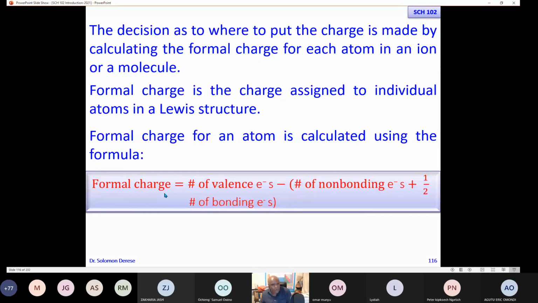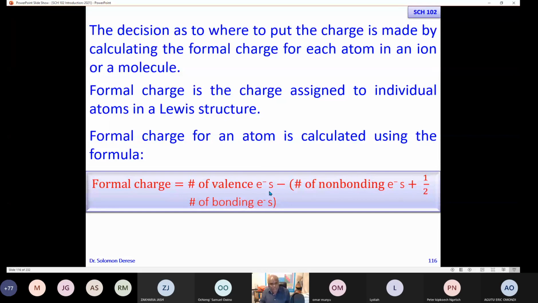Formal charge on a particular element is the number of valence electrons. From that, we deduct the number of non-bonding electrons, the electrons that are not involved in bonding, like the two electrons you see on the oxygen, those belong to the oxygen.